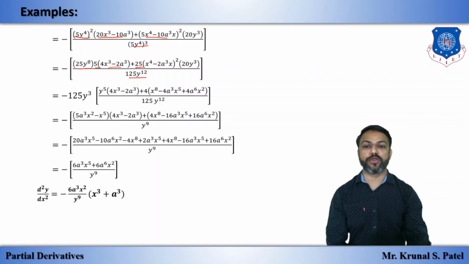Now from the numerator we will take common 125 y cube from here and here, and 125 means 25 5s are, and 25 5 from here.